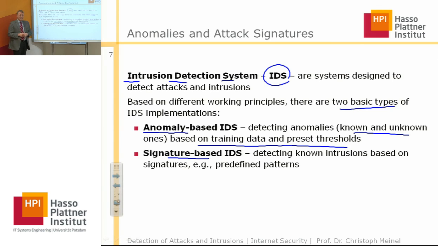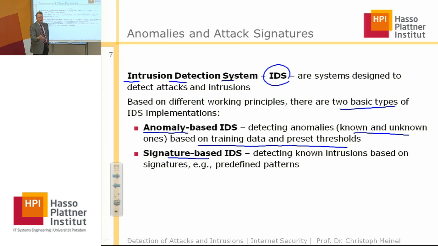And then the signature-based intrusion detection looks for patterns that give hints that an attack is running. So signature-based intrusion detection detects known intrusions, which are based on signatures and patterns. The advantage here is that I look for very special situations that characterize an attack.